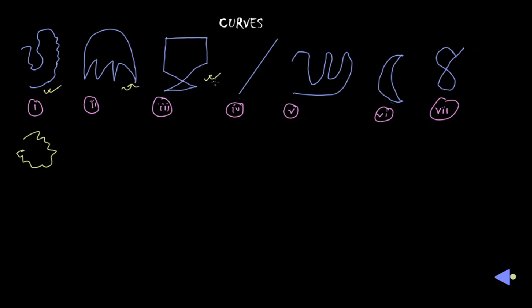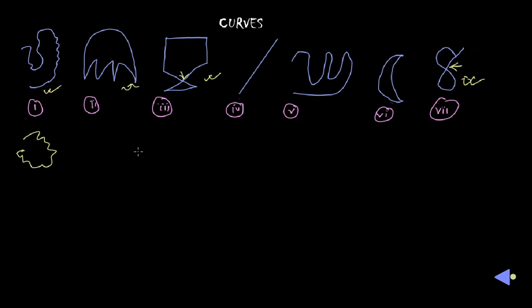Why are they different? The line crosses itself here at that point and here at that point. So they are different from the others as far as crossing is concerned.